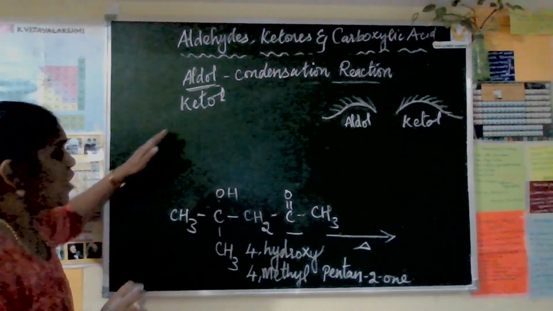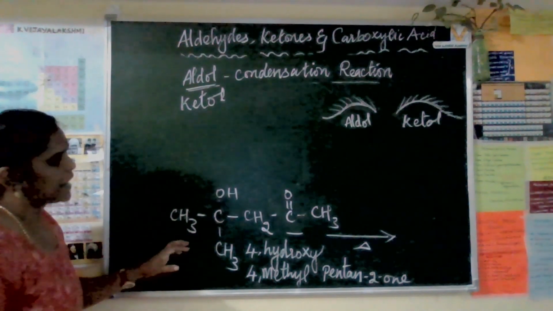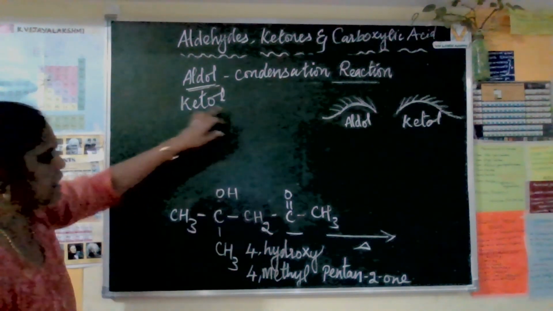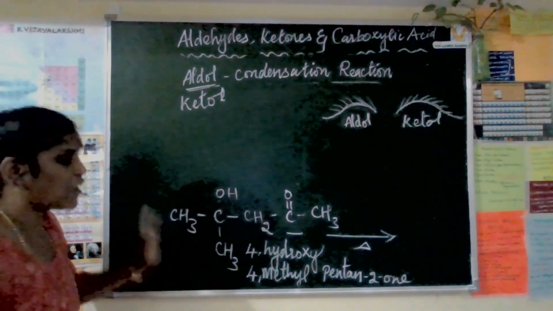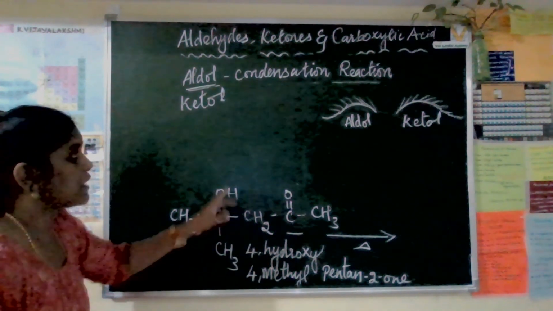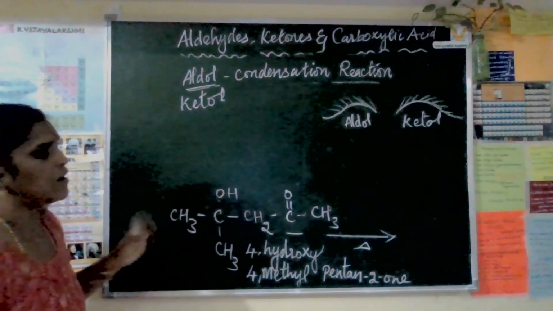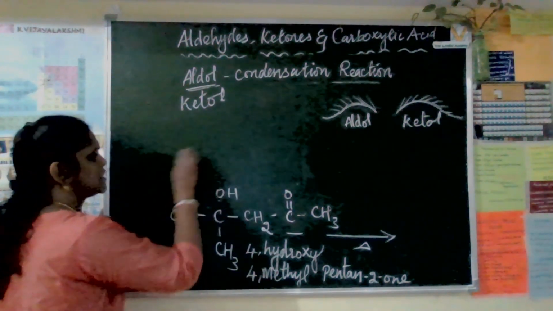Now what is the product while heating this compound? This is not completed. When we get it complete, this is a ketol formation. This is ketone as well as alcohol, that is ketone as well as OL, alcohol formation. While heating, what is the product you will get?